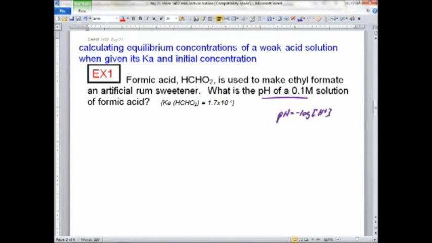Because it's not a strong acid. It's not a strong acid. So we have to go through and do a full ICE, right? The quadratic mess. Okay. That means we need a reaction. Mallory, what reaction do we write that we can do ICE on? What reaction would you write?